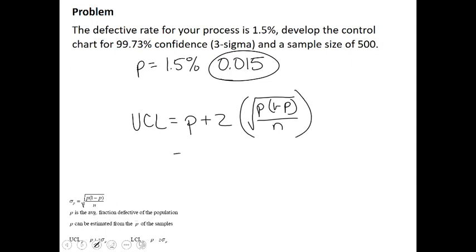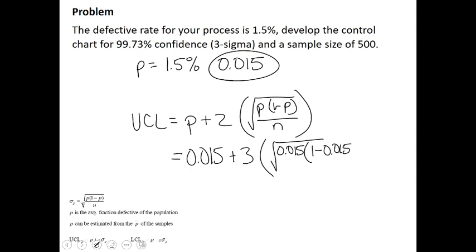So let's put some of these numbers in here. I'll let you actually do the calculations. P is 0.015 plus, it says use a Z of 3. And then we're going to fill in the square root of 0.015 times 1 minus 0.015.